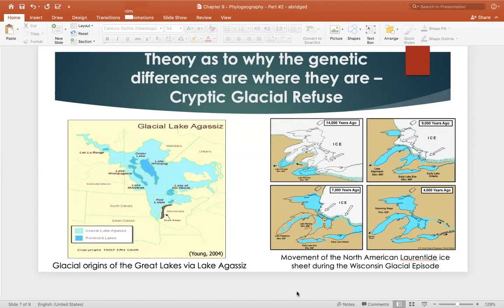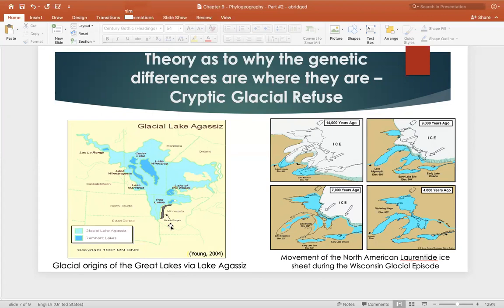As we see the movement of this sheet, initially we see the formation of what is referred to as Lake Agassiz. The formation of this large body of water resulted in a divide between the Hudson Bay in Canada and the Mississippi River in the United States.